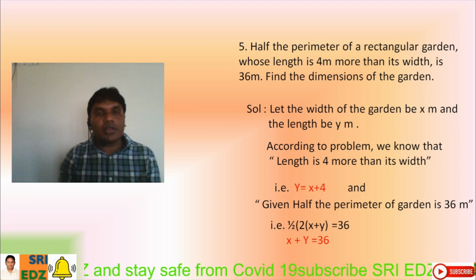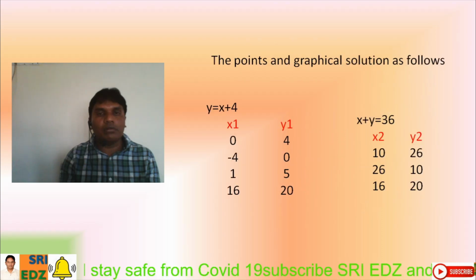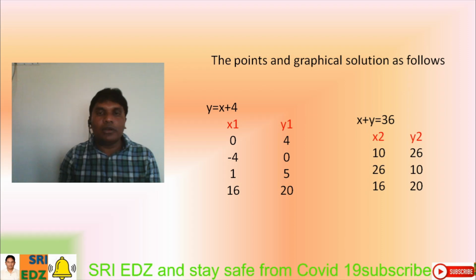For that we'll find the points and the solution graphically. For y is equal to x plus 4, I took x is equal to 0, minus 4, 1, 16, and y is generated automatically because y is a dependent variable: 4, 0, 5, 20.